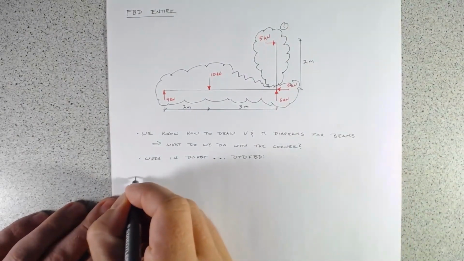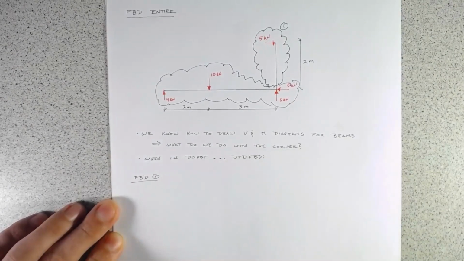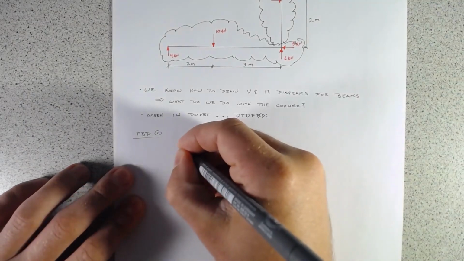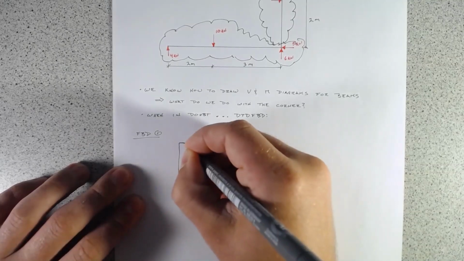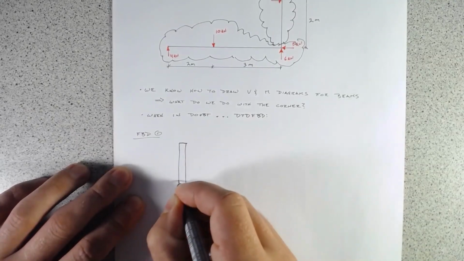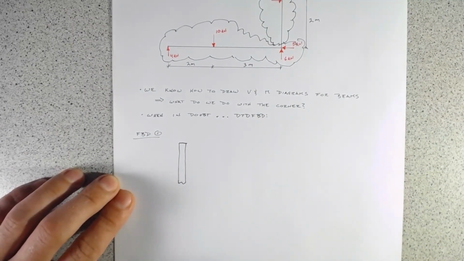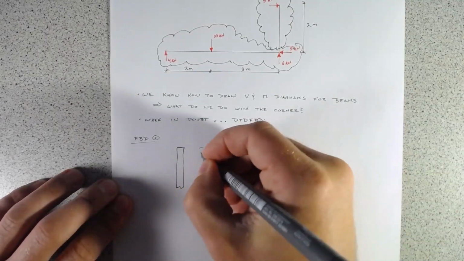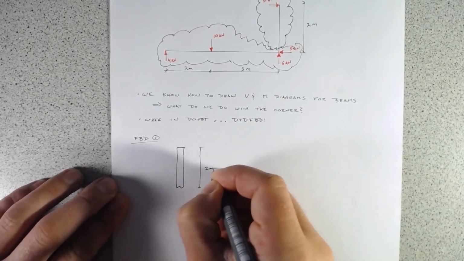So we'll go FBD 1, and we'll draw it with some thickness here just to help illustrate a few points. And we'll leave a jagged edge there on the bottom. I'm going to say that this cut is right at the edge, so the distance is going to be 2 meters.